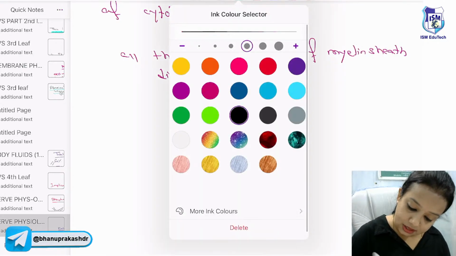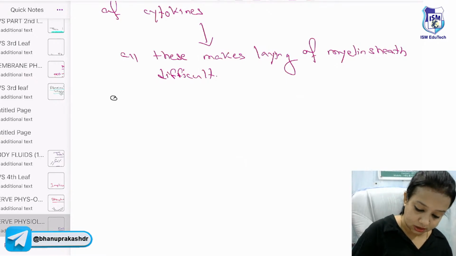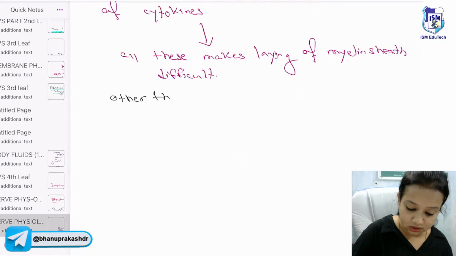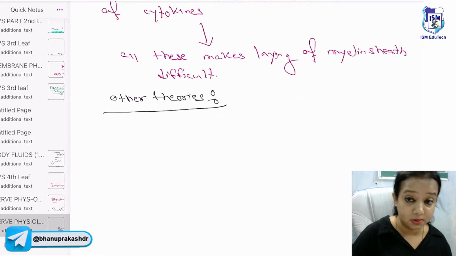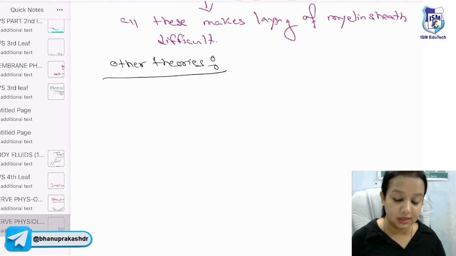Some other theories are also being proposed, though they are not proved. So, what are the other theories? These are not confirmed, I repeat, it is not proved, but still there are these theories.